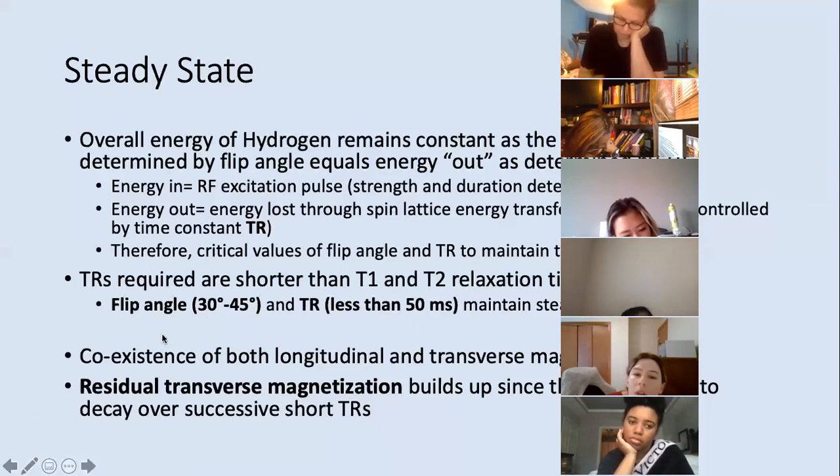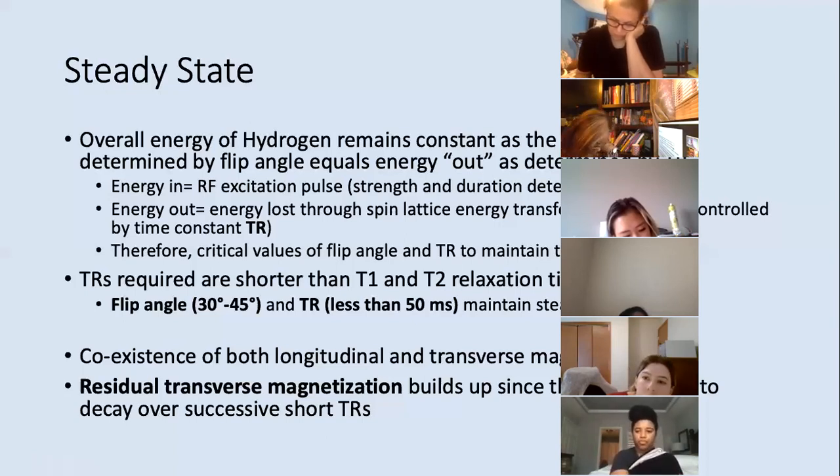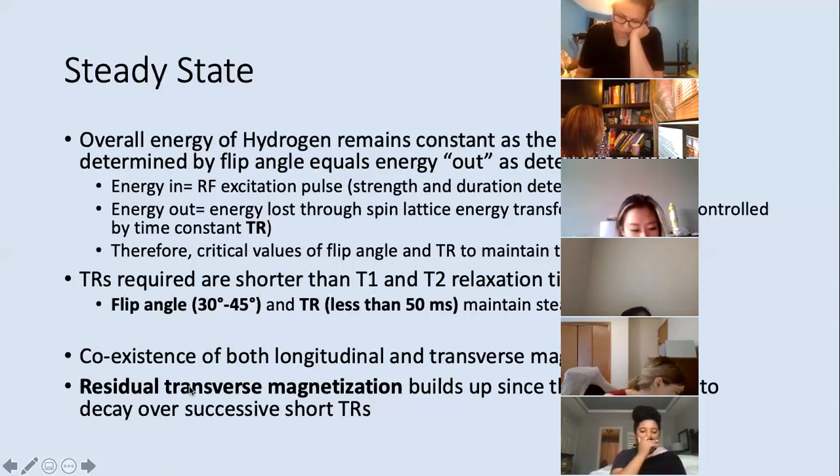This creates a coexistence of both longitudinal and transverse vector, because it's not fully in the transverse plane and it's not fully in the longitudinal plane. So that net magnetic vector is going to show up on both planes, coexistent in a very steady state. The problem with that is we get what we call residual transverse magnetization.